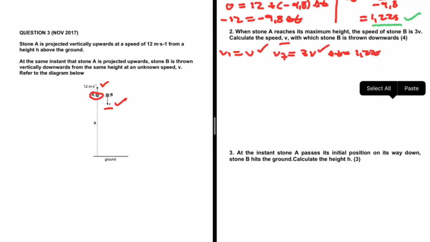So we have Vi, which is v, we have Vf, which is 3v, we have delta t, which is 1.22 seconds, and we also have the acceleration, 9.8 meters per second squared downwards. We want to find the variable v. How can we do that with these four variables? Again, Vf is equal to Vi plus a multiplied by delta t.